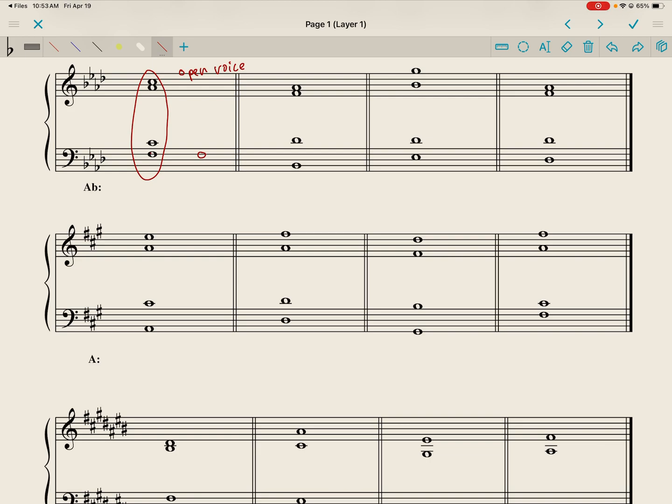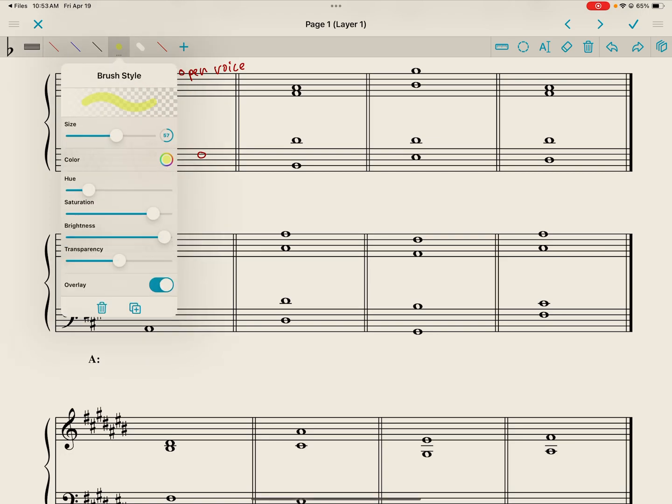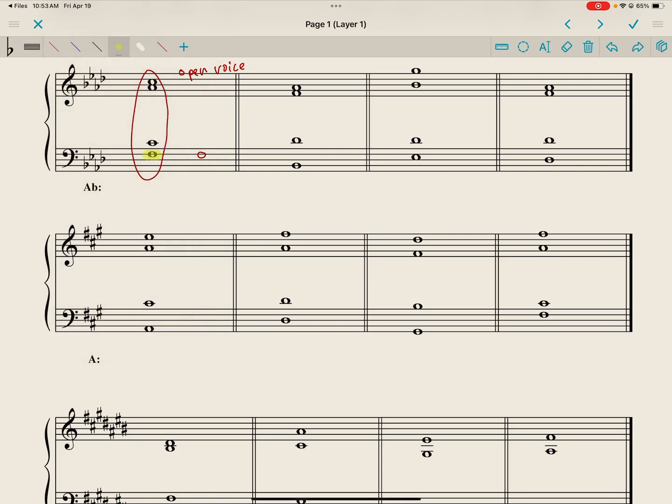This will come in handy when you have a note that's in the bass, your lowest voice, but it may not be the root of the chord. Anyways, so you have an F, a C, an A, and a C.